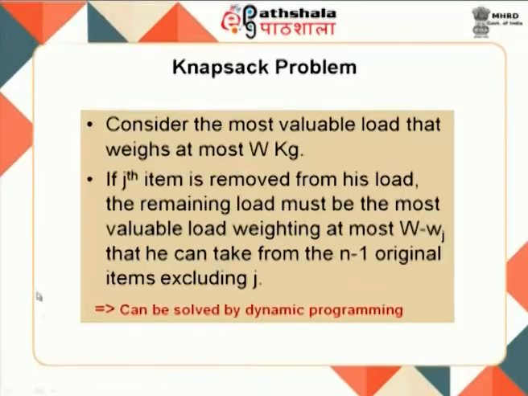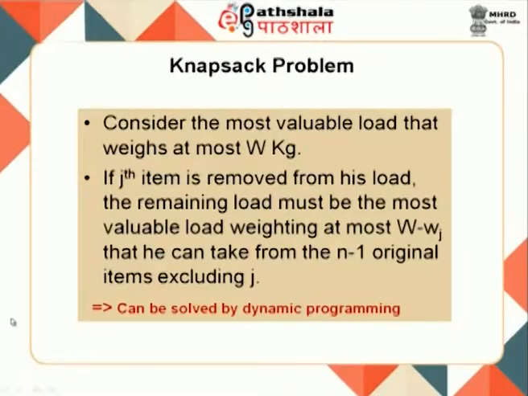Now, let us consider the most valuable load that weighs at most W kg. If the jth item is removed from his load, the remaining load must be the most valuable load weighing at most W minus Wj that he can take from the n minus 1 original items excluding j. Now, what is he doing?